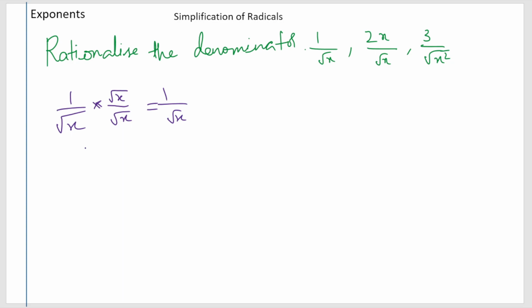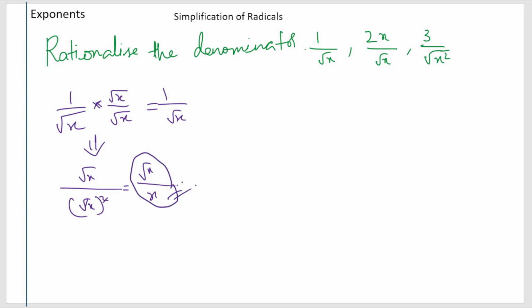Now root x into root x is root x whole square, and this square and this root get cancelled, so it will be root x by x. This is rationalized, the denominator is rationalized.